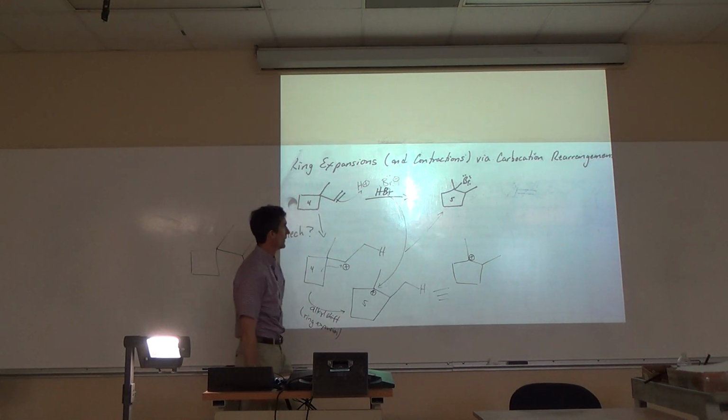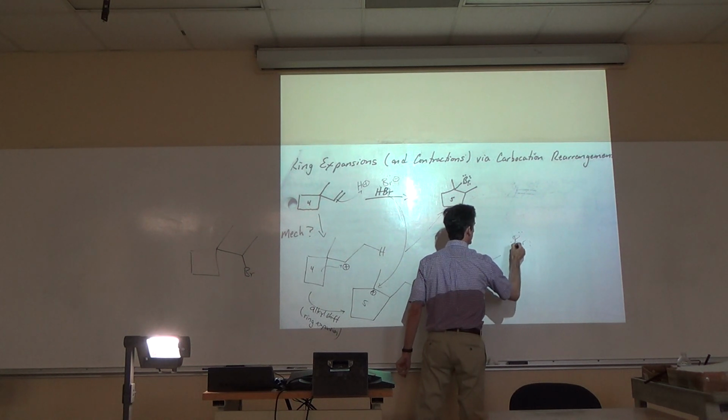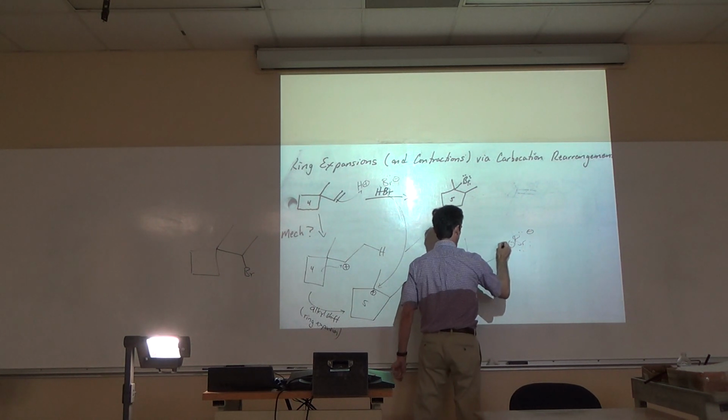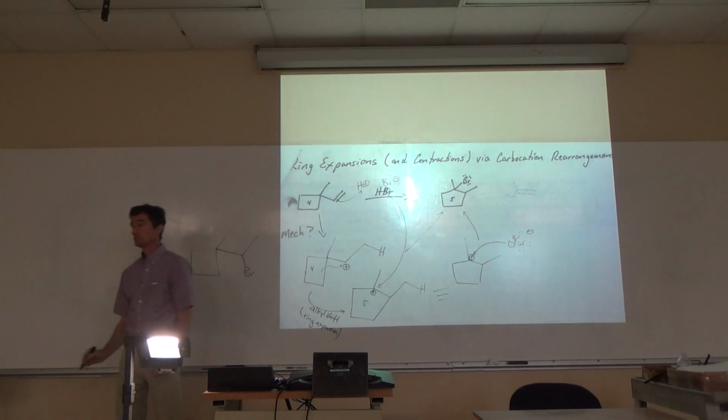Or you can do it over here. Either way, whichever way you want. You don't have to do it twice. These electrons add here, and we're home. And that's how you get this interesting product, which is now 5-membered cyclopentane.